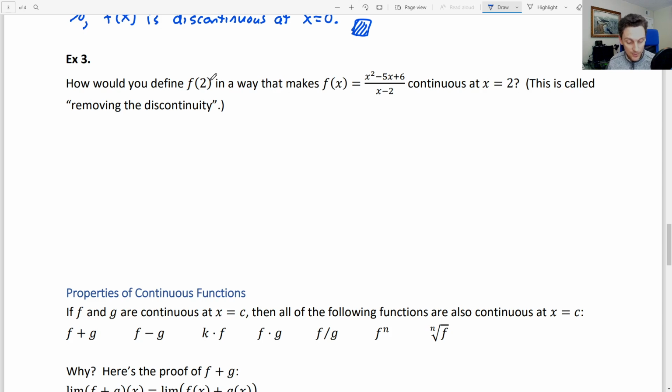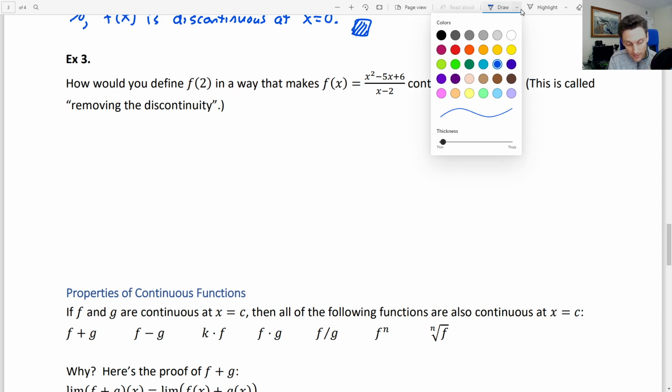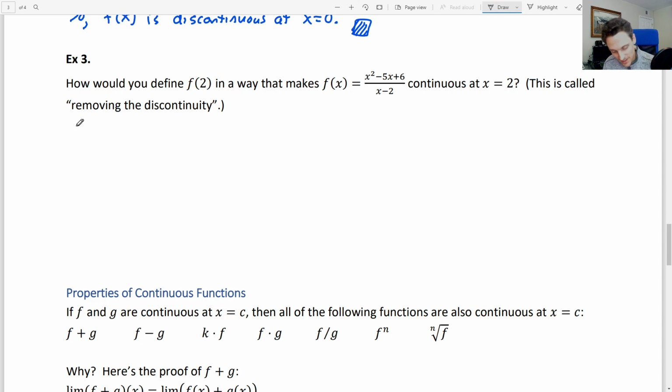But what we're going to do is define f of 2. So we're going to say f of x is like this function everywhere, except at x equals 2, where it's undefined. We're actually going to define the function in a way that makes it continuous. Well, if it's going to be continuous, it's got to satisfy that definition of continuity. So we need the limit as x approaches 2 of our function to equal f of 2.